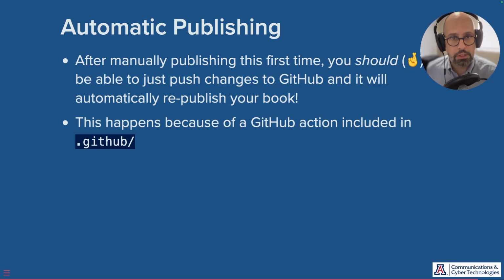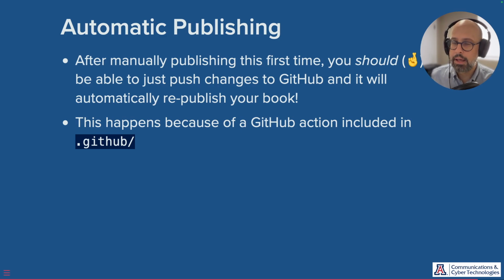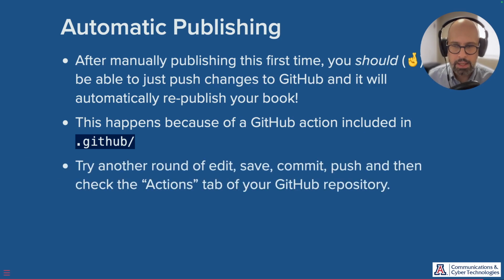And so this particular action, whenever code changes on the main branch on GitHub, it does this publishing, it does this Quarto publish for you. So that way, that GitHub main branch is the one source of truth. So we'll see what happens when we do that.